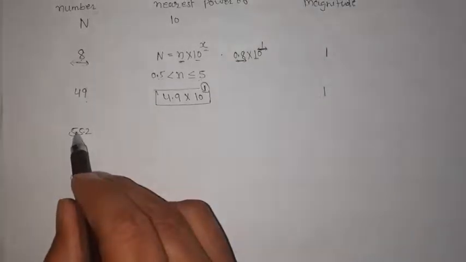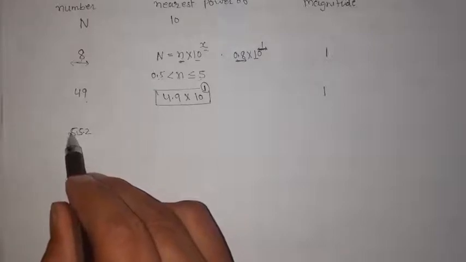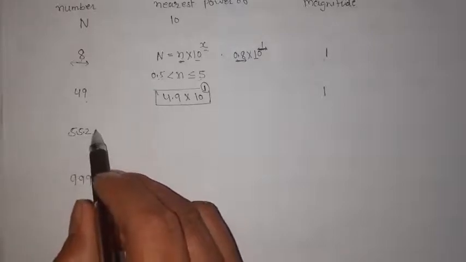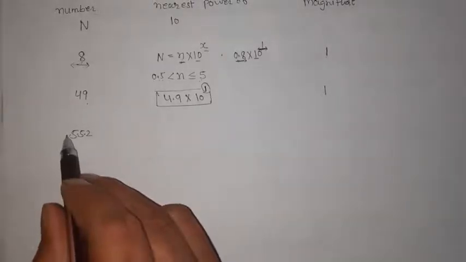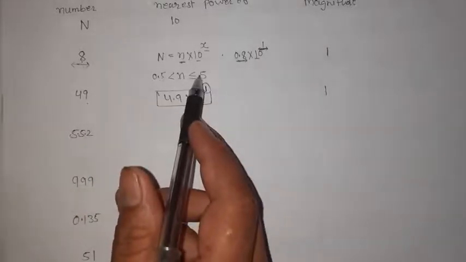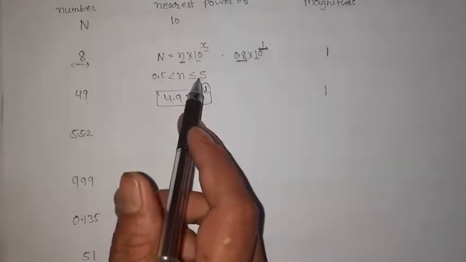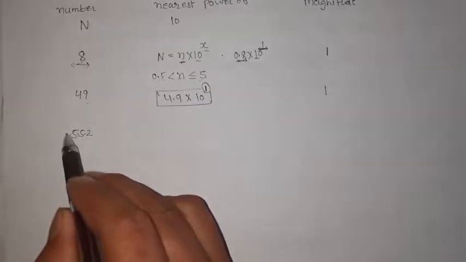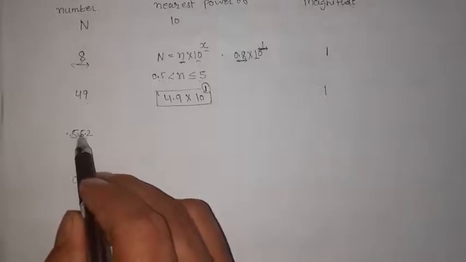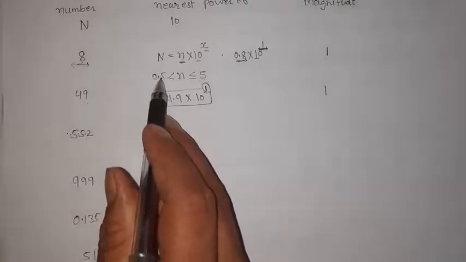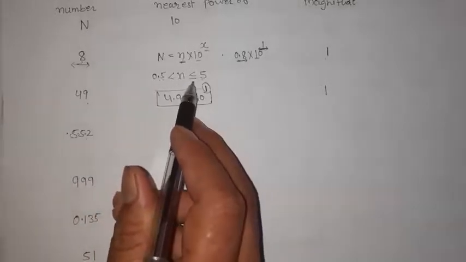If I take a decimal before that 5, it becomes 5.52, but still it is greater than 5. It means I have to make it smaller than 5. So if I put a decimal at the beginning of this 5, you will observe that it becomes 0.552. This 0.552 is greater than 0.5 and smaller than 5.